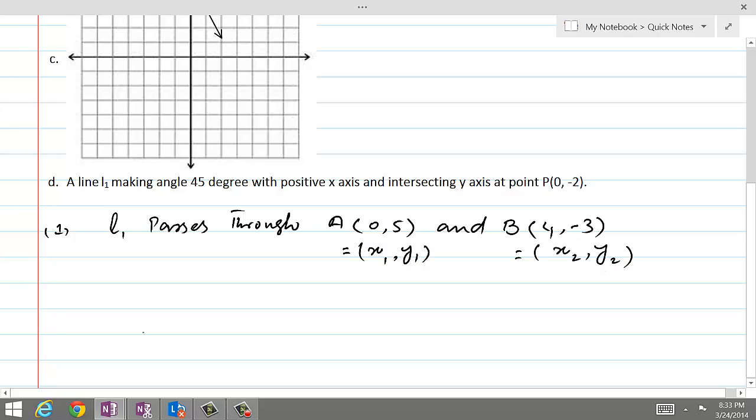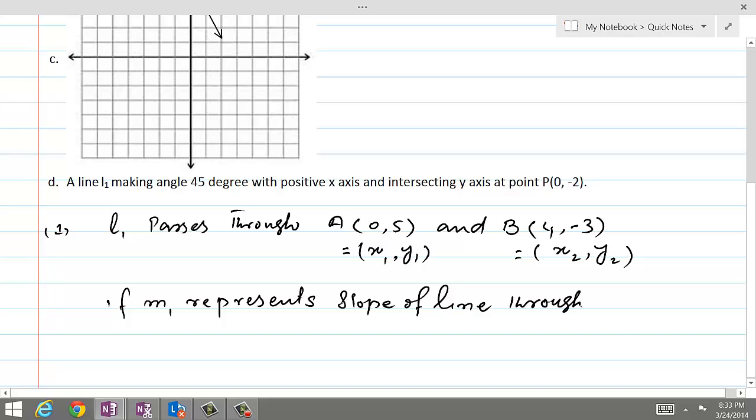And now if M1 represents the slope of the line through A and B, then what would be M1?